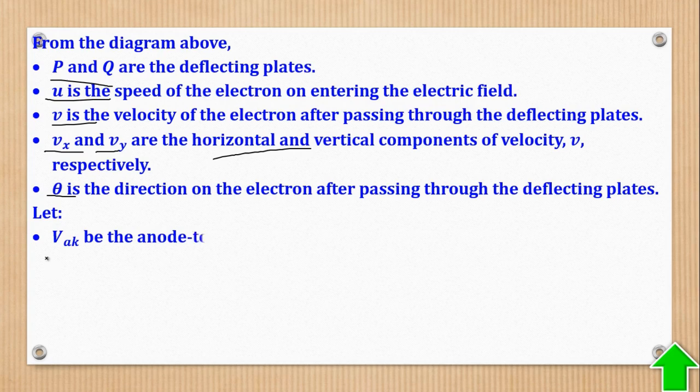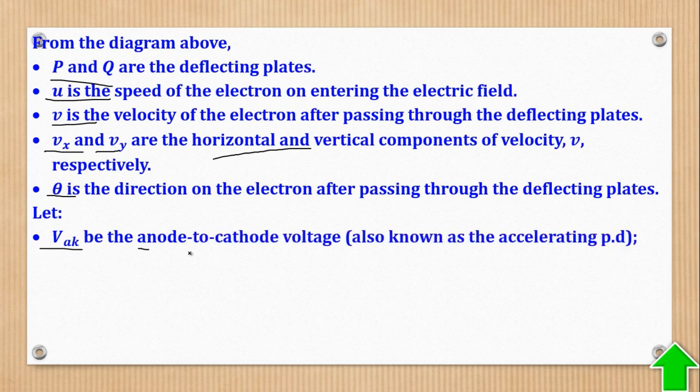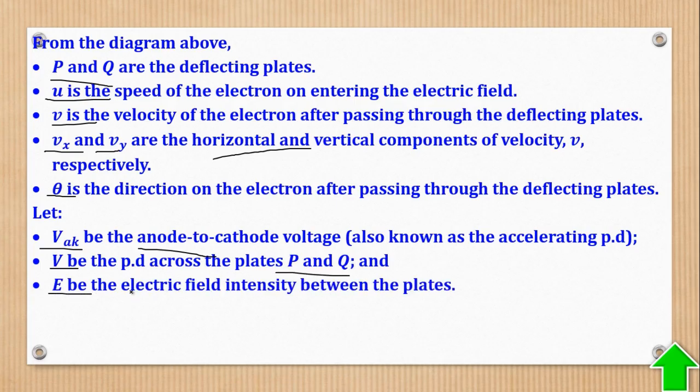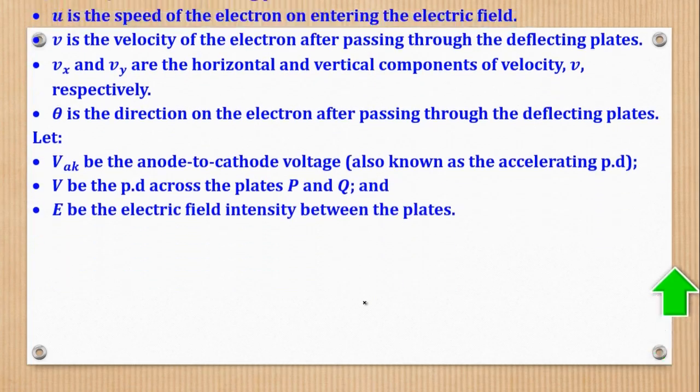We let Vk be the accelerating PD or the anode to cathode voltage. Let also V be the PD between the plates P and Q, and E be the electric field intensity between the plates.